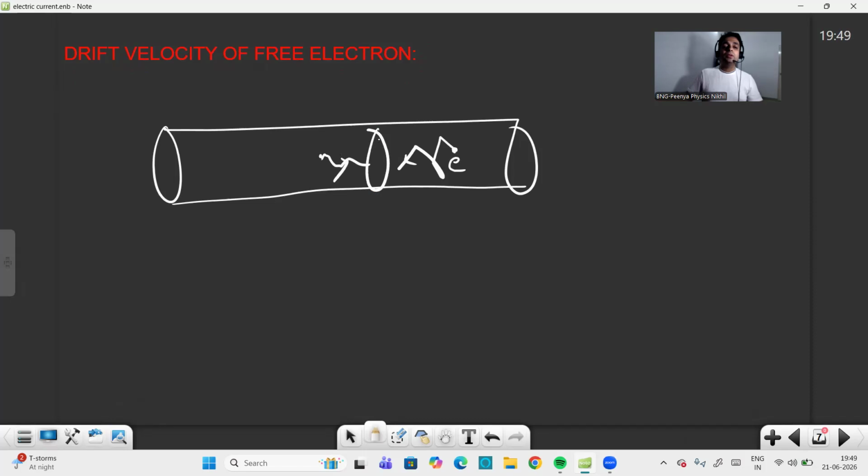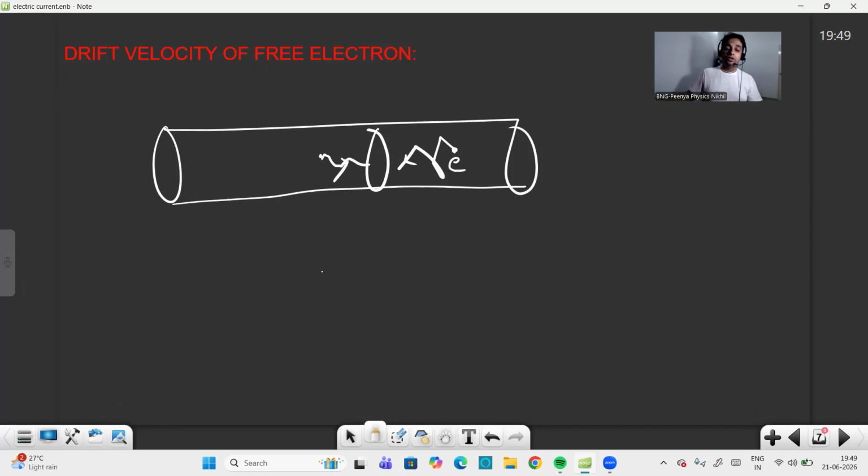So overall, if you see any cross section, the number of electrons going from right to left and left to right are the same. Total charge flown from any side to the other side is zero.